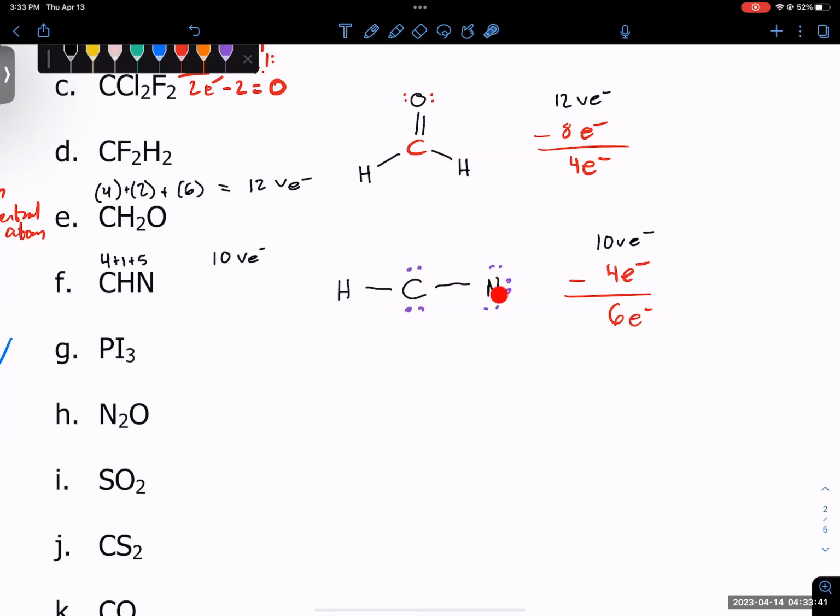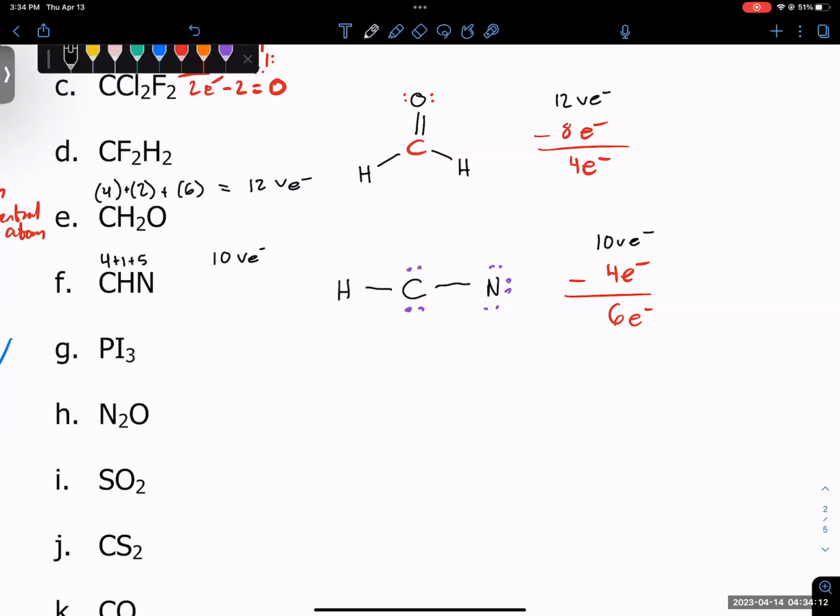So now it has a full valence shell. In order to make this happen, we needed to add how many electrons? Yeah, 10, right? We added 6 on nitrogen to fulfill its octet, and 2 lone pairs on carbon, so 4. So a total of 6 plus 4 was required to fulfill all the octets of the atoms.